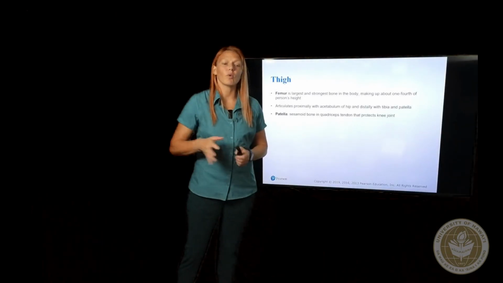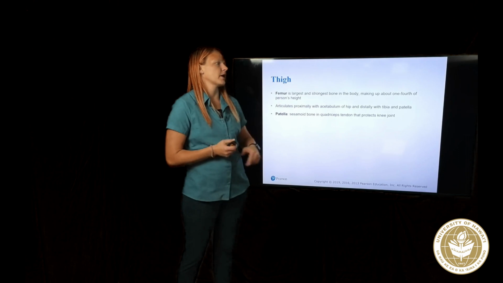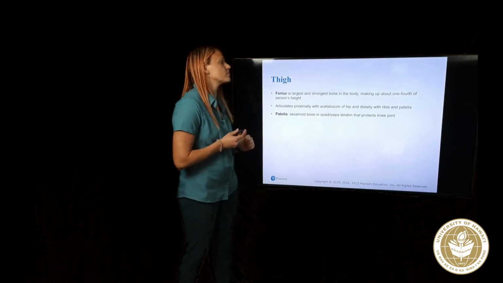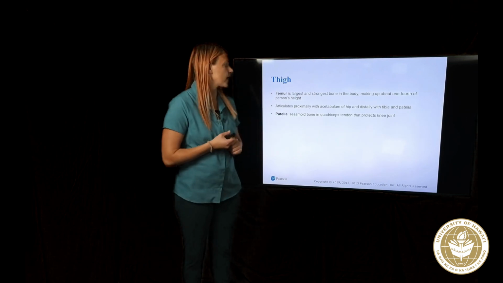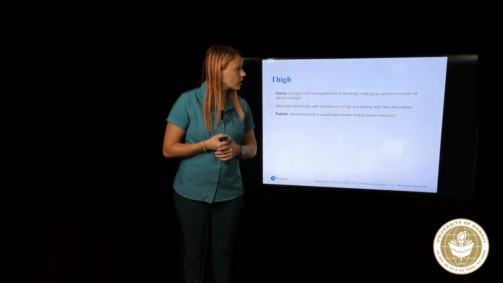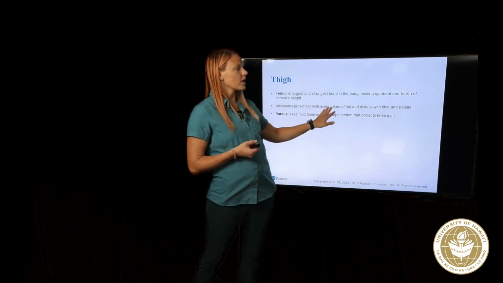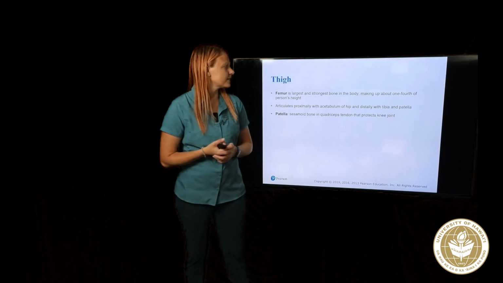We're going to begin with our thigh region right here. Our femur is going to be our largest and strongest bone in the body. It makes up about 1/4 of a person's height. It's going to articulate proximally with the acetabulum of the hip, which we just covered a couple of slides ago, right?